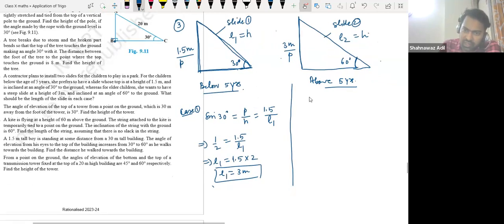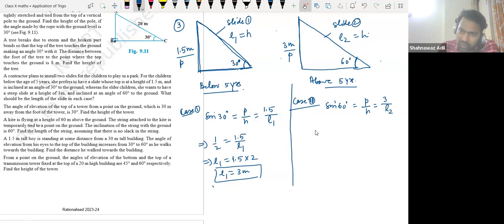And for the second case, again, what would be the length of the slide? So sine 60 again, that would be P by H. P is now 3 meters. H is L2 that we want to calculate. So sine 60 is root 3 by 2. This is 3 by L2.